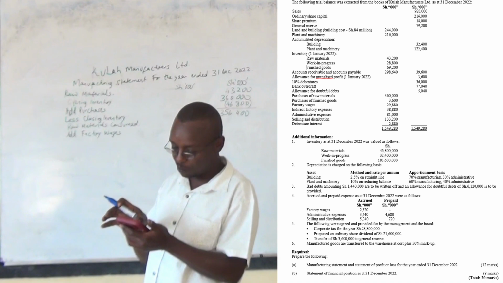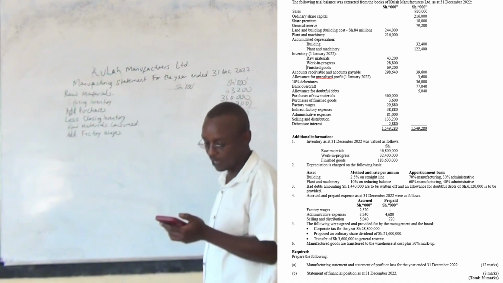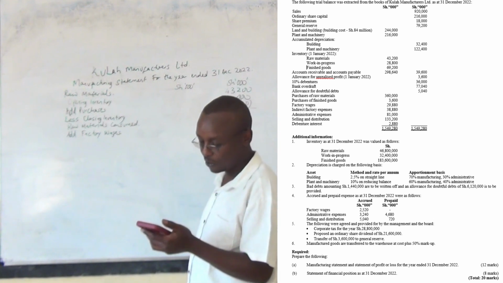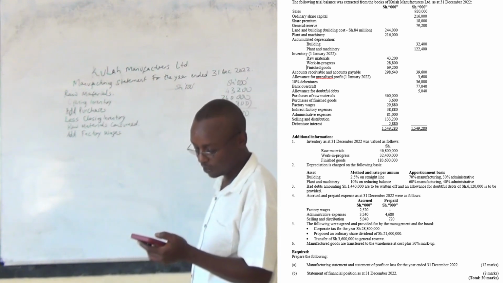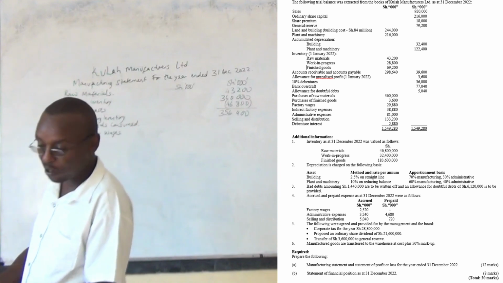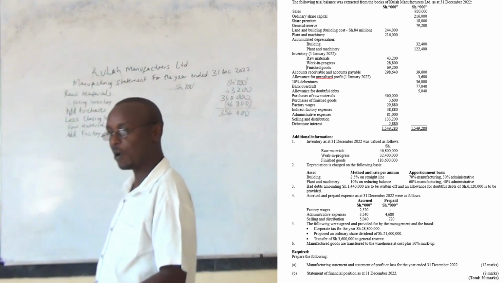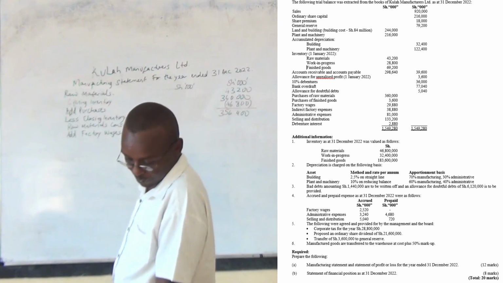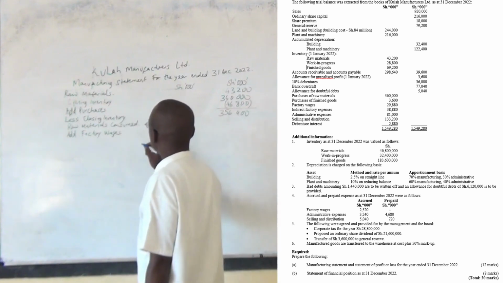Accrued and prepaid expenses as at 31st December were as follows. Factory wages, 2520. So we have accrued factory wages. Then we also have another factory wages in the trial balance. Can you see it? How much? 29,880.